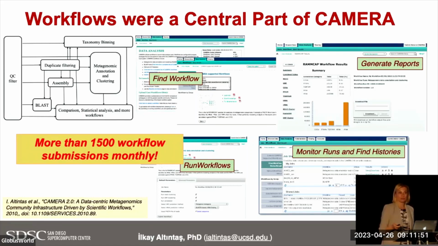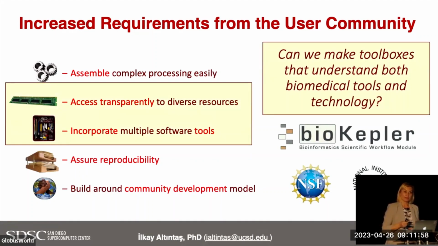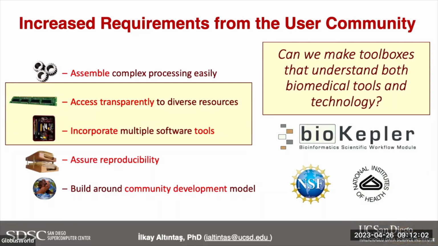And it made the community very successful, but there were definitely growing pains in terms of how can we make, first of all, groups understand what they're doing a lot better, and their computing needs a lot better, and access transparently these diverse resources while they're incorporating new tools.